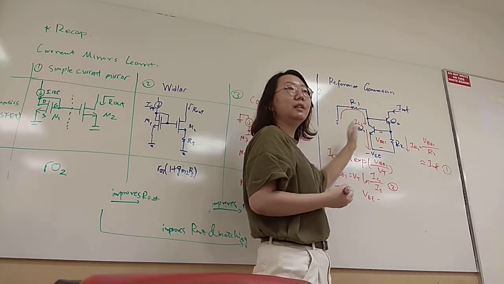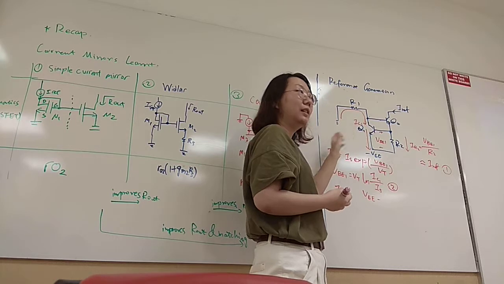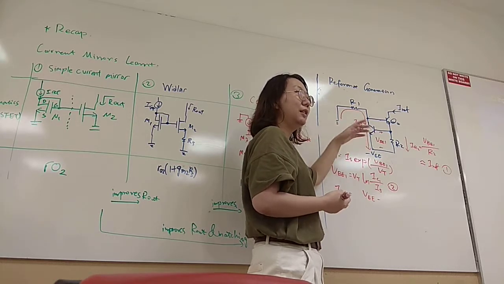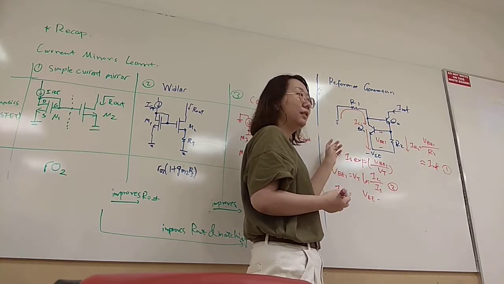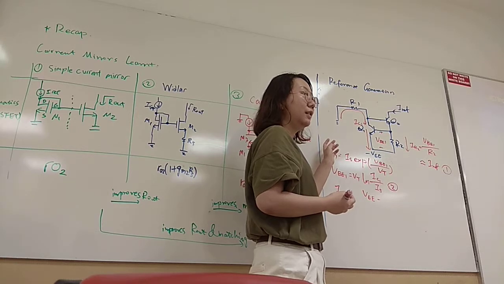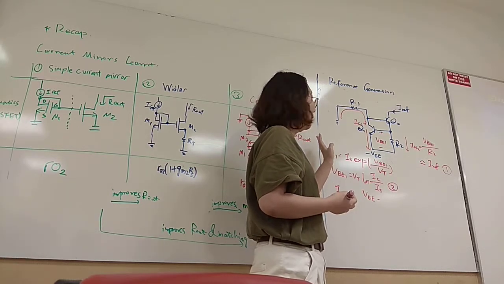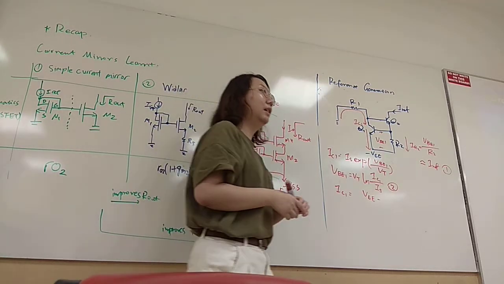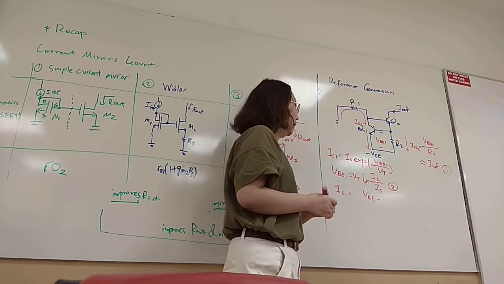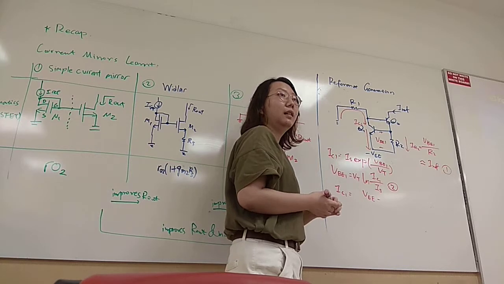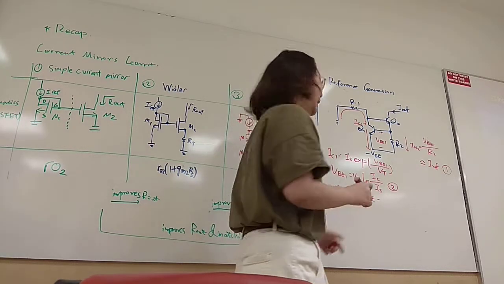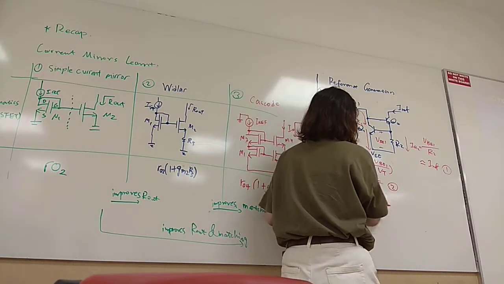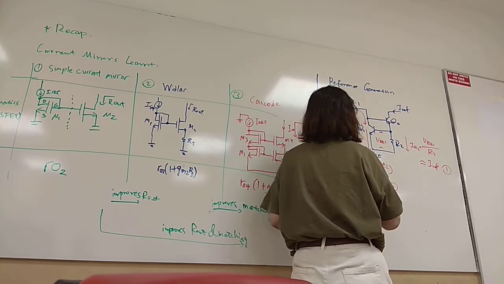How to calculate a current in a branch? That's a basic circuit, right? How to calculate a current in a branch? Okay, 0 minus... 0 minus VEE.